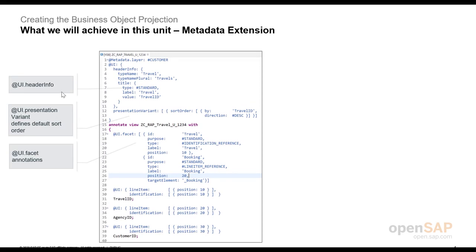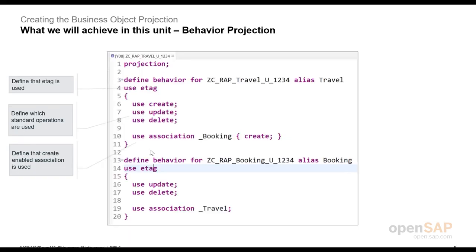Then on the metadata extension side, we added annotations for headers, for presentation variant, and for facets that are needed in order for the SAP Fiori Elements UI to be displayed correctly. And finally, we have created a projection for our behavior definition, and we specified that we want to use the e-tag and the standard operations create, update, delete, and also the create enabled association.